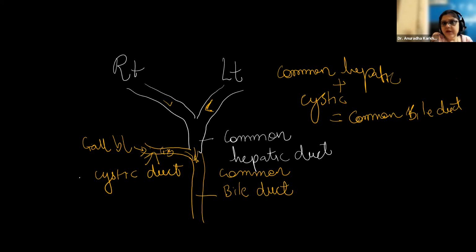Any confusion? Common hepatic, cystic, common bile. Any confusion with any one of you? The hepatic duct will have secretions only from the left and right liver. The common bile duct will have secretions from the gallbladder and also from the right liver lobe and the left liver lobe.